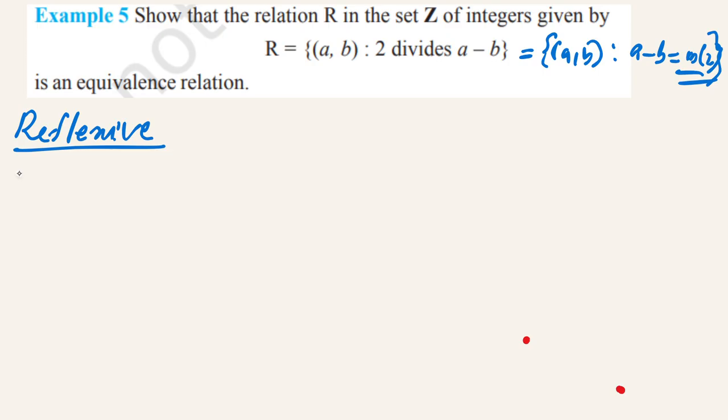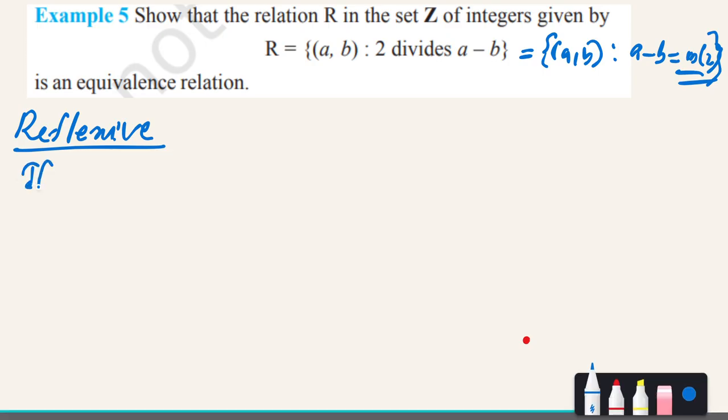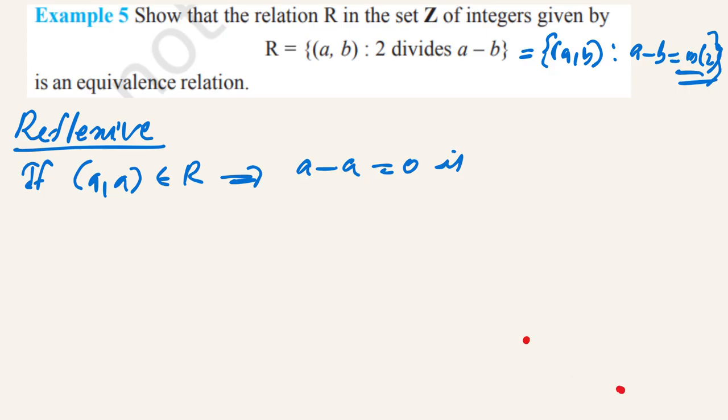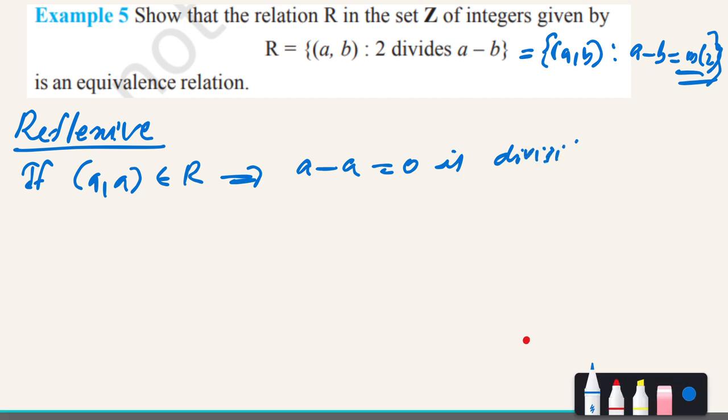Then we need to check if AA belongs to R. If AA belongs to R, you know that A difference A is 0, which is a multiple of 2 only, right? Or it is divisible by 2, right? So we can write divisible by 2. Then therefore we can say that R is reflexive.